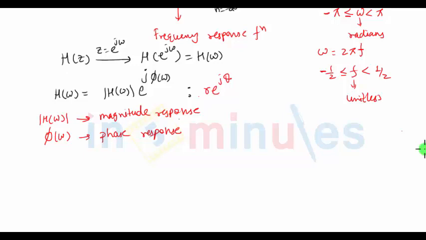Furthermore, the exponential Fourier series expansion of H of omega with h of n as the Fourier series coefficients is also possible, which can simply also be termed as inverse discrete time Fourier transform.